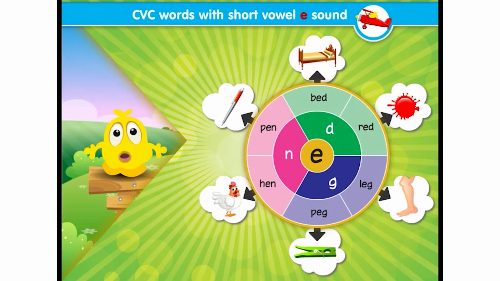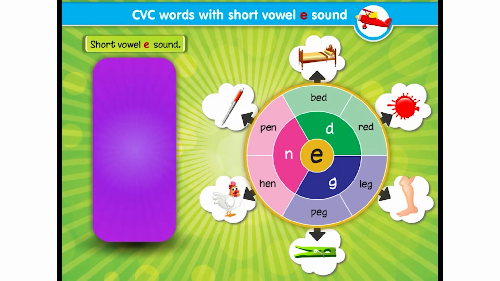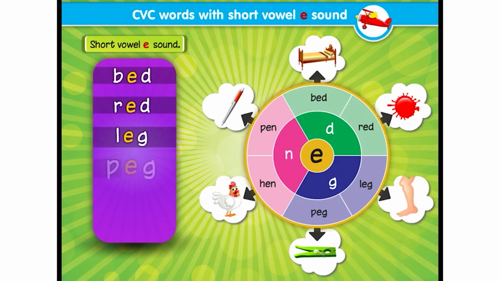I have seen that here the vowel is pronounced a little faster, so it is called short vowel sound. Let's repeat words with short vowel E sound. Bed, red, leg, peg, hen, pen.